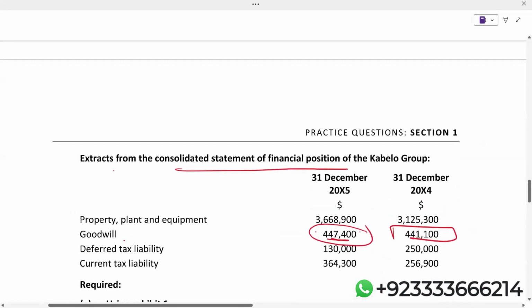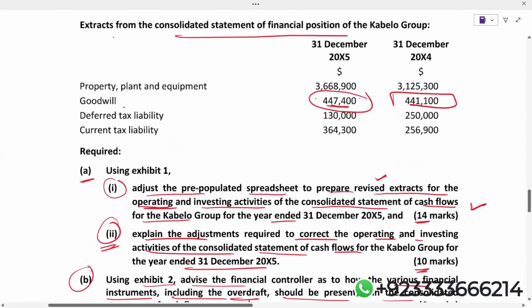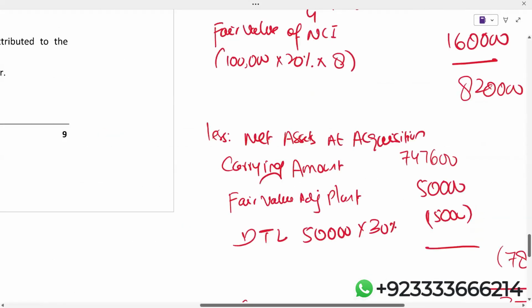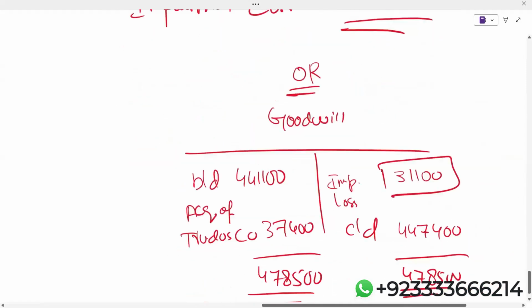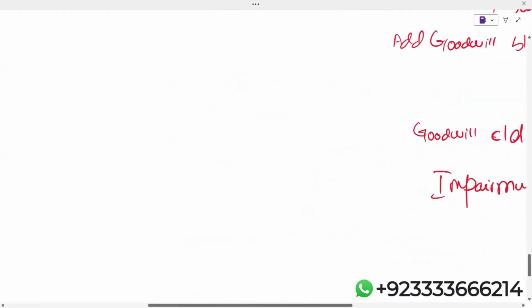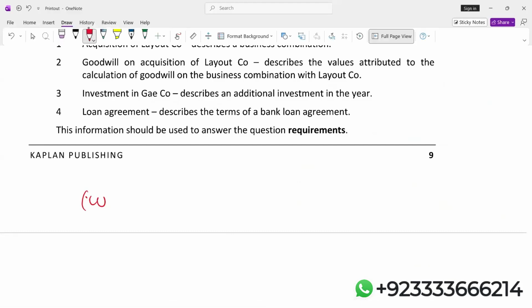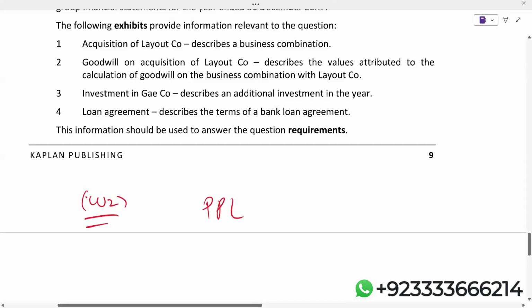Let's try to calculate property, plant, and equipment purchases as well, cash purchases. Then we'll be dealing with this. Working 2. I'm just explaining all the adjustments to you, property, plant, and equipment.